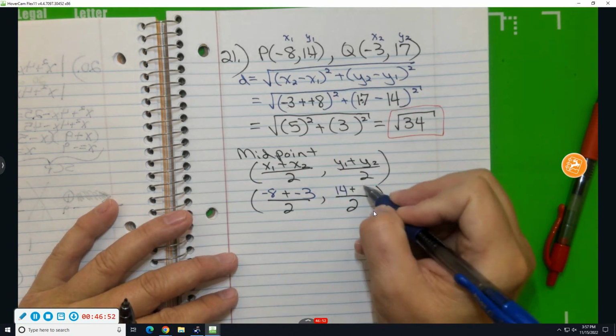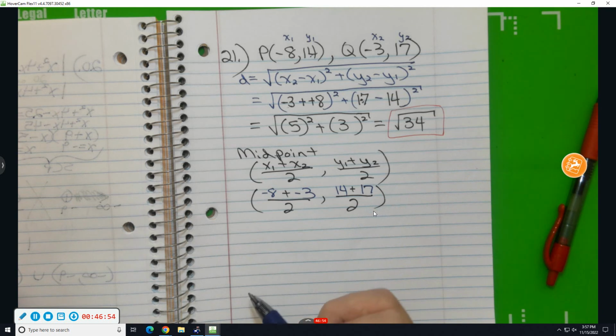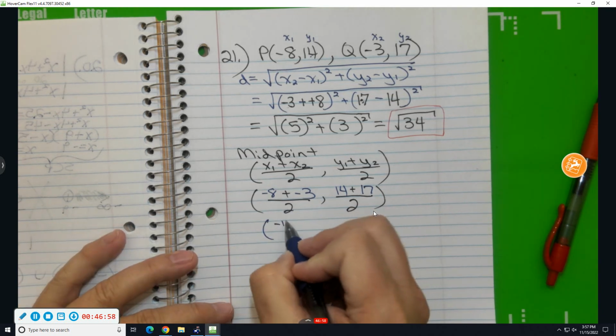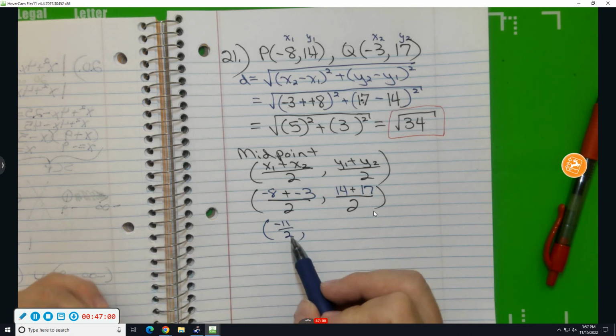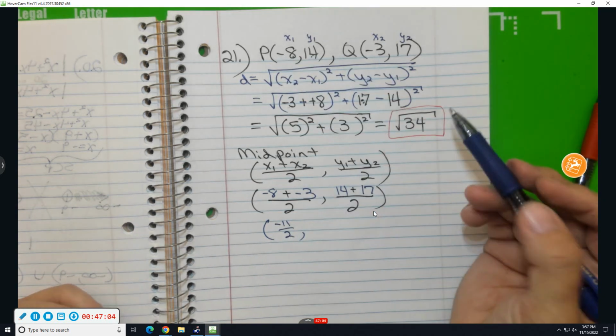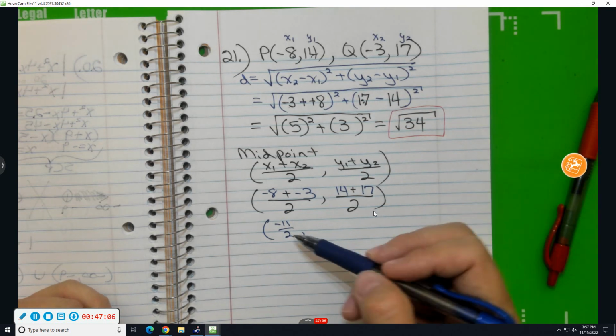14 plus 17. Negative 8 plus negative 3, that's a negative 11 halves. Negative 11 halves is midway between negative 8 and negative 3 on the x-axis. That's what you're finding.